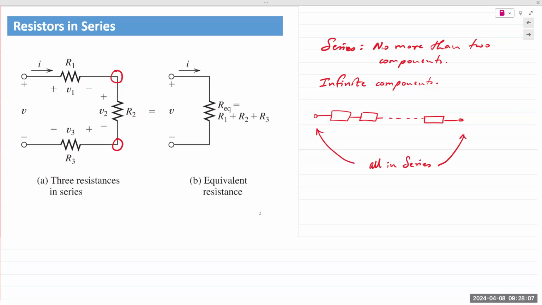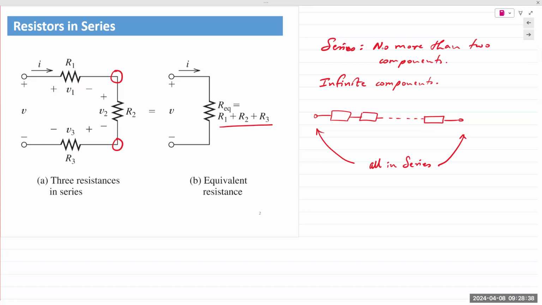Okay. So when we have resistors connected in series, we can combine them mathematically to come up with one single equivalent resistance. We note it as REQ, R equivalent, and it simply is given as the sum of the three resistors in series, or basically however many resistors you have in series.